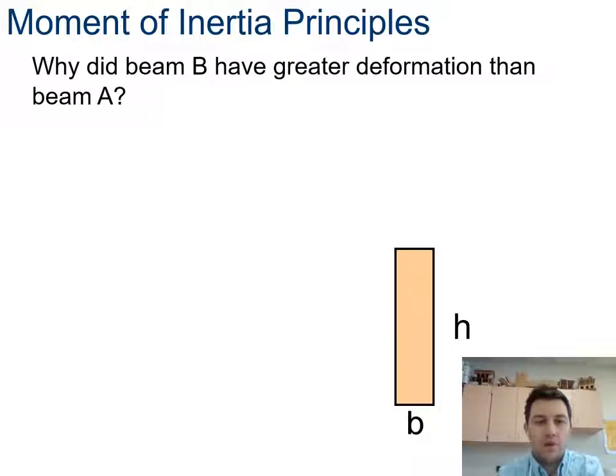So how do we calculate this? If you look at this, this is the joist configuration. It's vertical, straight up and down. The base is considered the lower part, and the height is considered the height of it.